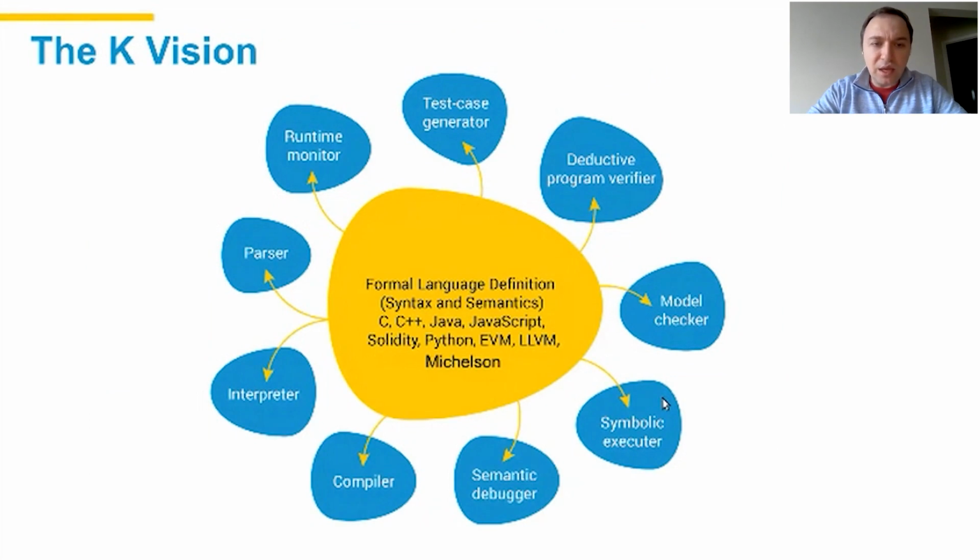So essentially, the K vision really, like Everett was saying before, is that we plug in our formal language definition, our syntax and our semantics for whatever language it might be, and then we get all of these tools out. This effort has really been going on for over a decade.